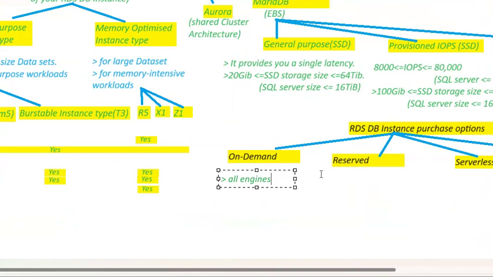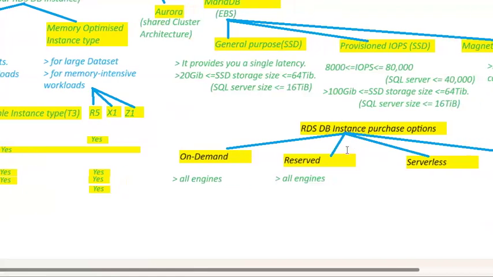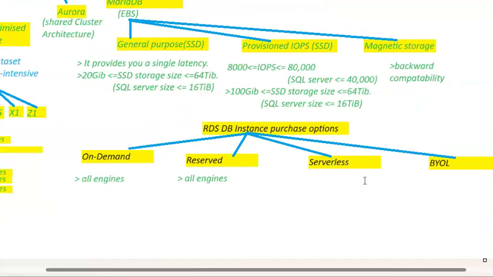Coming to reserved, under this reserved option you can also choose all engines, that is all the 6 engines that you have. For all 6 engines, you have the ability to choose your purchase option as reserved instance. Coming to serverless, what type of engine does the serverless option support, sir?